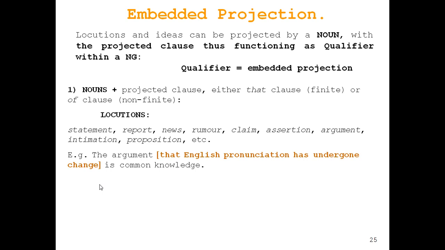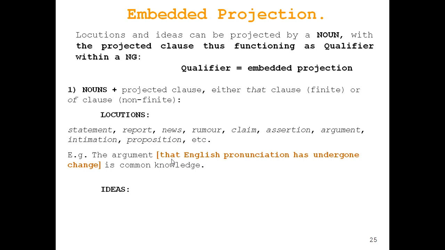Now, why is this embedded? This is embedded because if you take it out, the argument is common knowledge. Does this really tell us something? I'd argue no. You need this qualification in order to know which argument we're talking about. So that English pronunciation has undergone change is part of the nominal group, the argument.